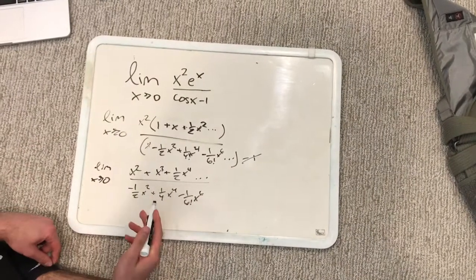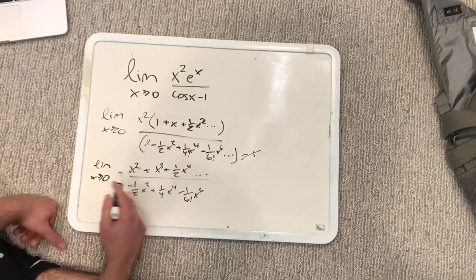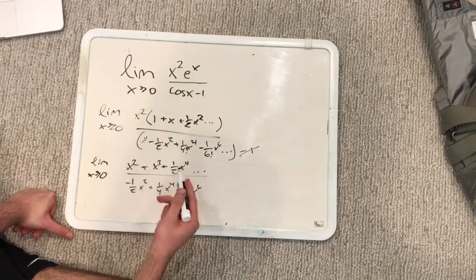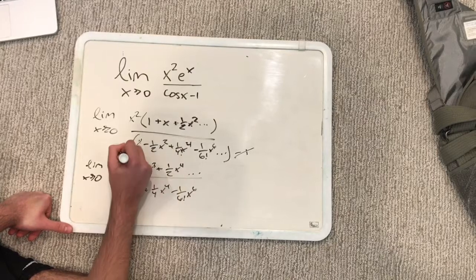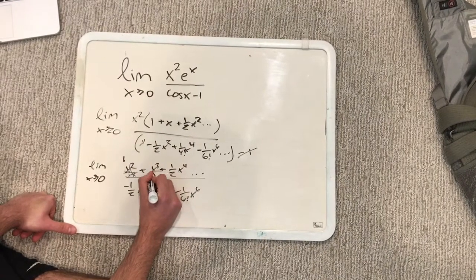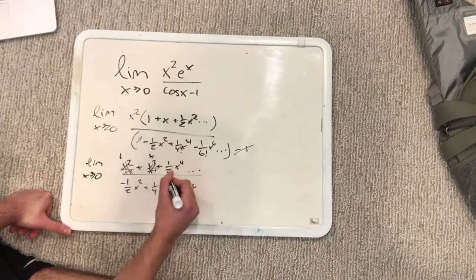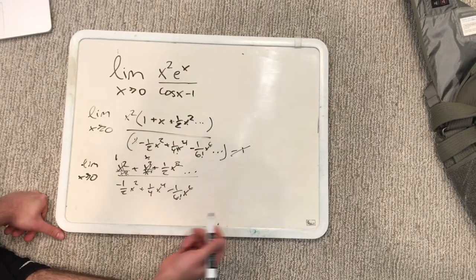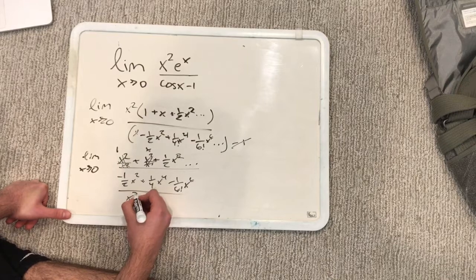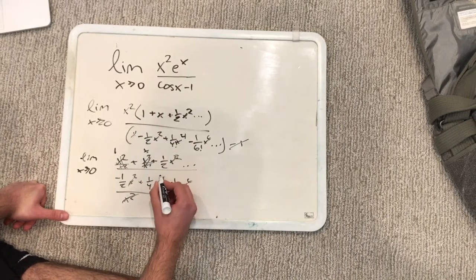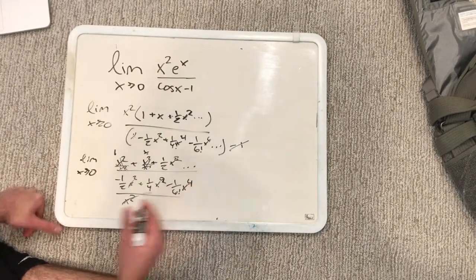Now you can divide everything by x squared. So this over x squared just becomes 1, and then this divided by x squared becomes x, and this becomes x squared, and this will become x to the fourth.